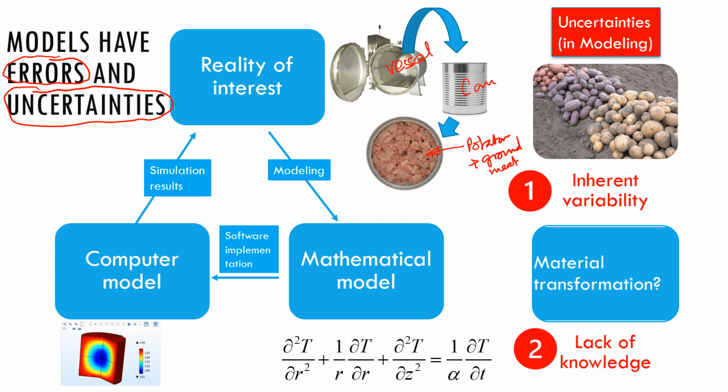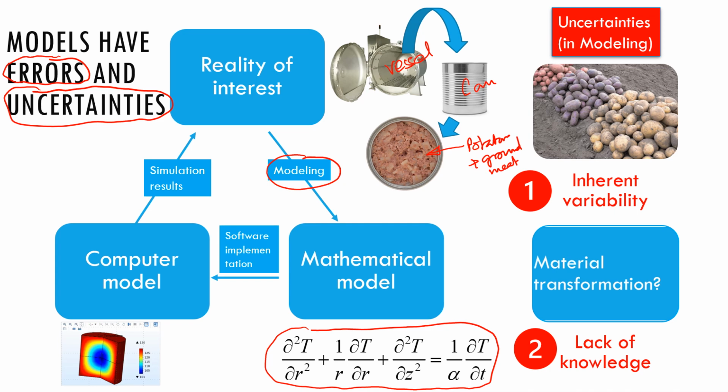So this is a very simple conduction heating process. So in our modeling we replace this real world process by a heat conduction equation in the cylindrical coordinate with boundary condition and so on. In this process we definitely make some errors.